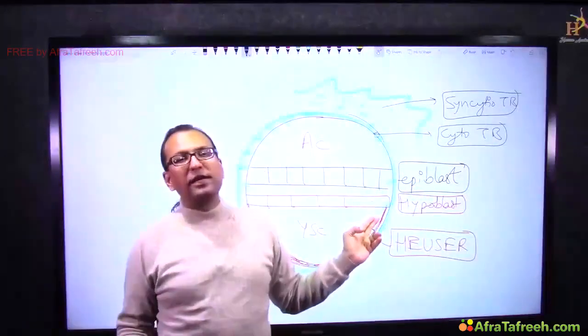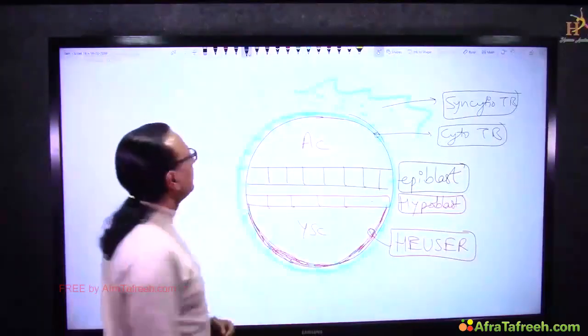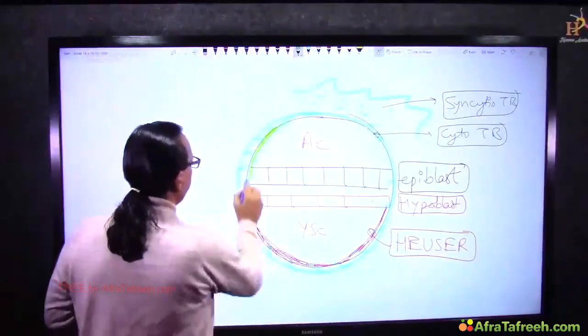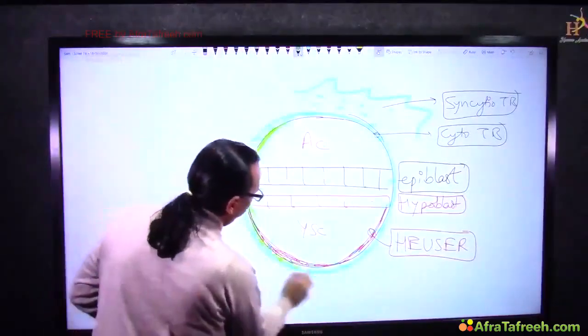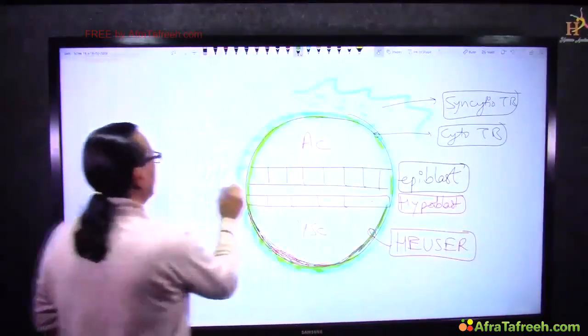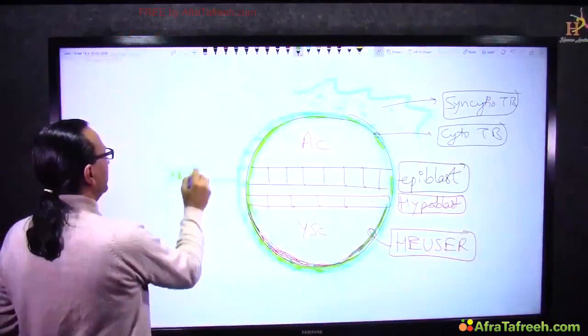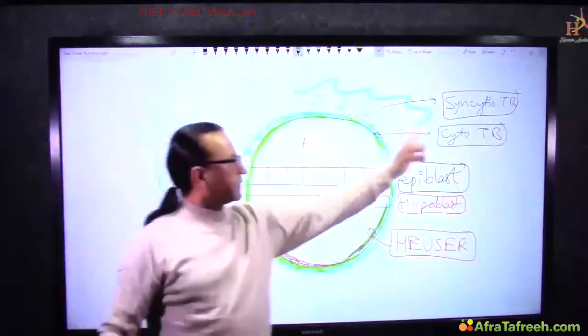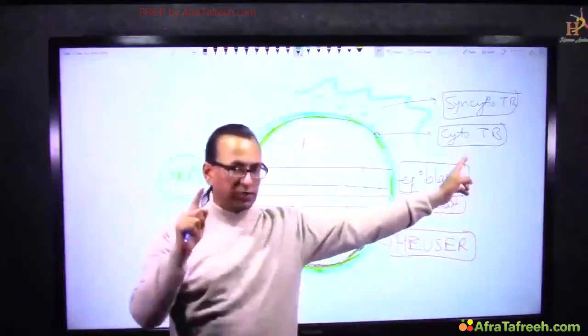And then the latest is, let me first show you the extra embryonic mesoderm. So this is the extra embryonic mesoderm now. Yes, I think this extra embryonic mesoderm is going to be formed by trophoblast cells.